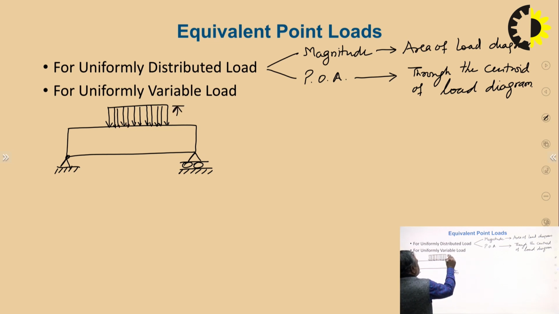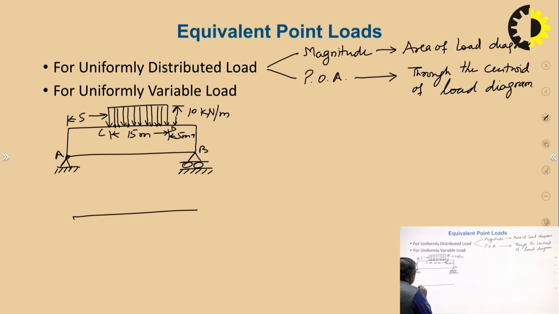This is, for example, 10 kilonewton per meter, and this is 15 meter, for example, 5 meters here and 5 meters here. This is A, B, C, D. It can be drawn like this also. It will not make any difference.